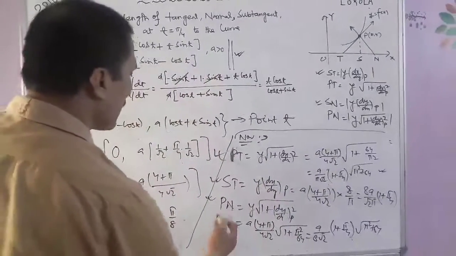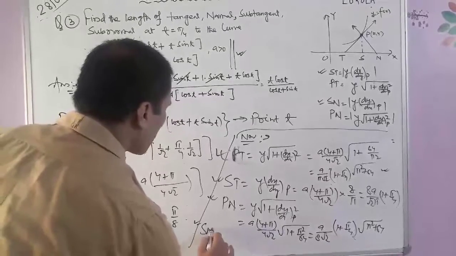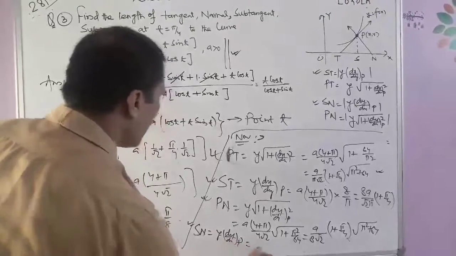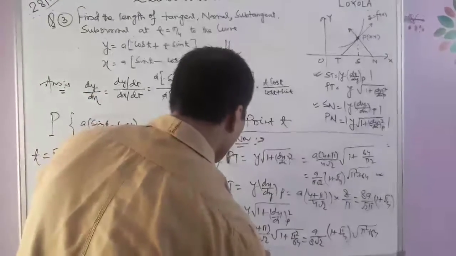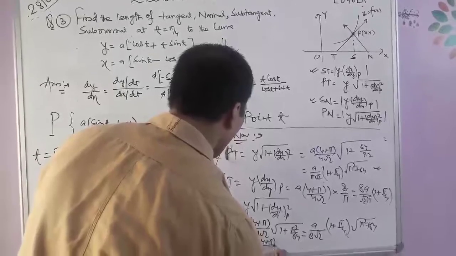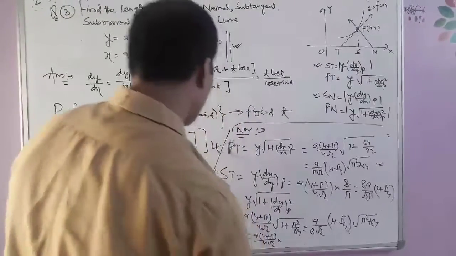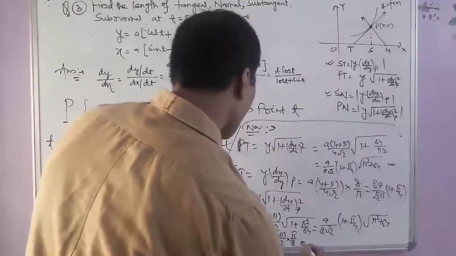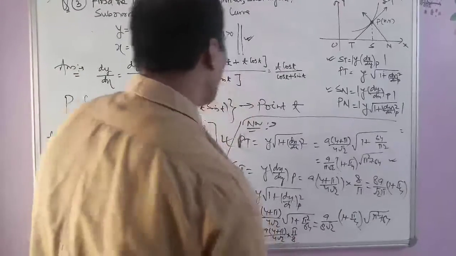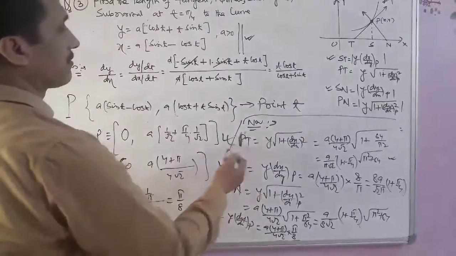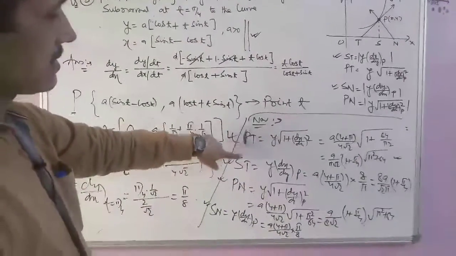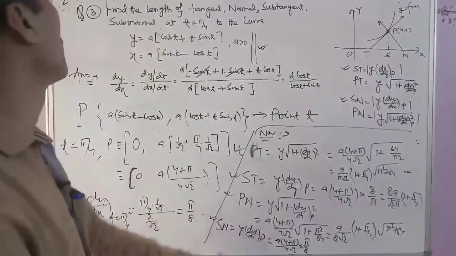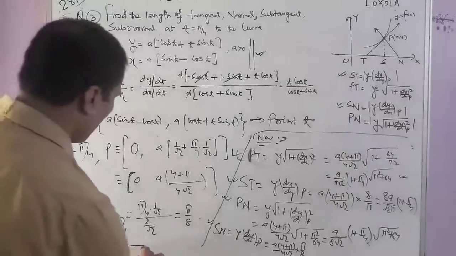This is PN, the length of normal. And the length of subnormal is |y dy/dx| at point P, which becomes a(4 + pi)/(4 root 2) times pi/8. So we have calculated the length of tangent, subtangent, normal and subnormal. That's it.